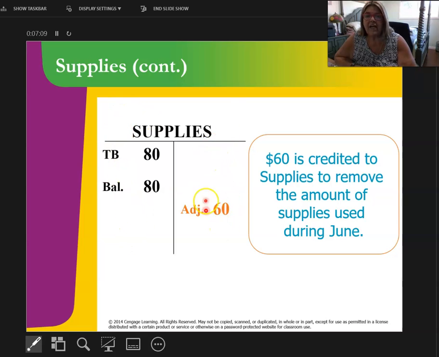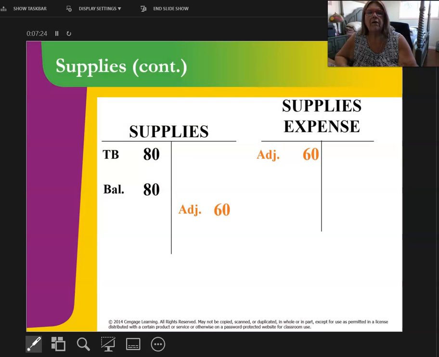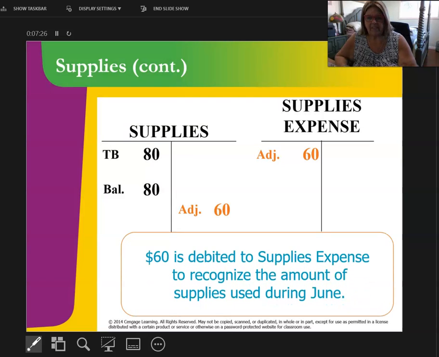This is the debit side, this is the credit side. $60 has to be credited to supplies to make my balance $20. Now, if I have a credit for 60, I'm going to have a debit for 60. So my debit's going to be supplies expense. This represents the supplies used during the month.